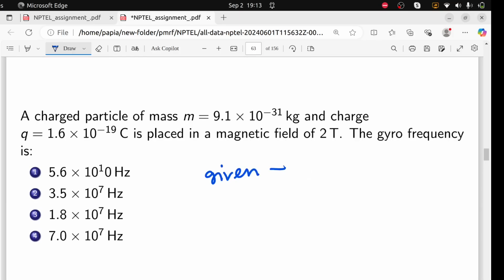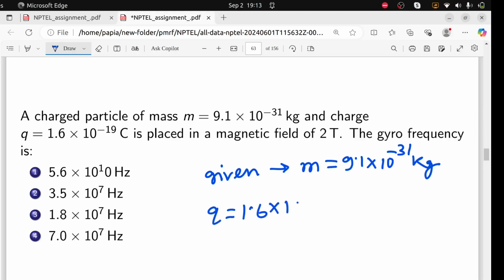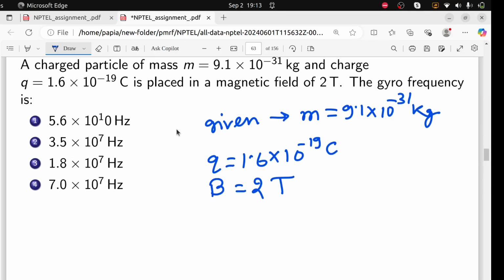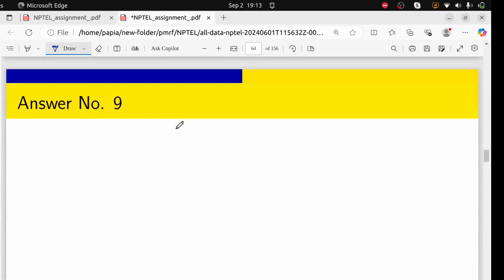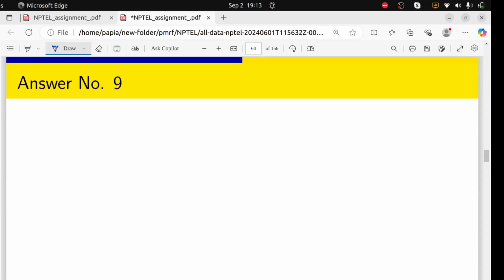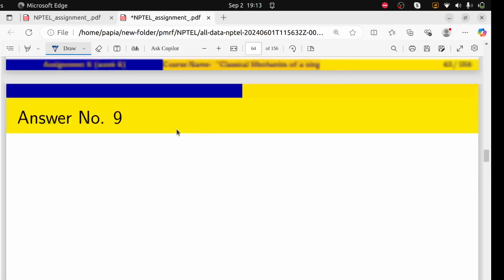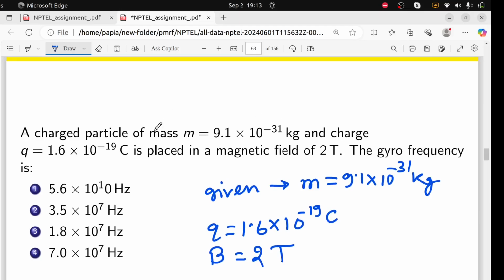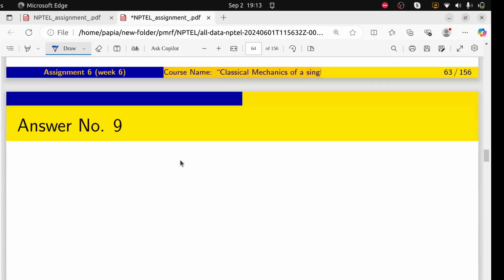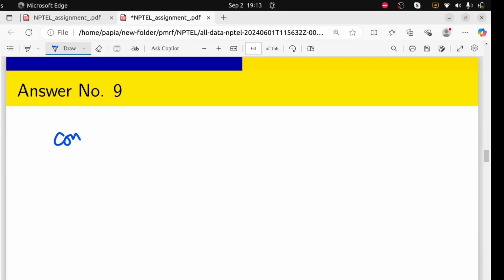What is given is m equals 9.1 into 10 to the power minus 31 kg, q is 1.6 into 10 to the power minus 19 coulomb, magnetic field 2 Tesla. The gyro frequency is what? I told you previously when the class started that if I have a constant magnetic field, here you can see there is no electric field they are talking about, so it is a constant magnetic field.